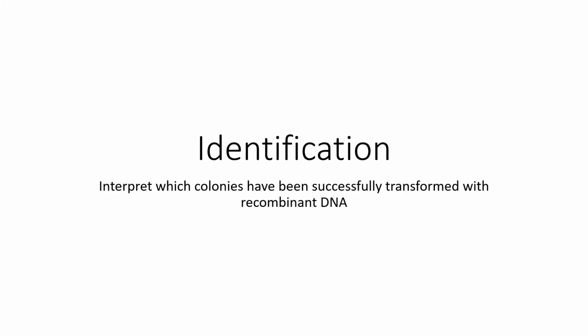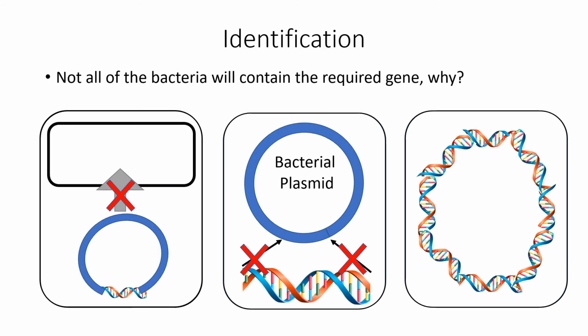Now that we've got the plasmid with the gene that we wanted inserted into the bacteria, we have to be able to identify, of all the bacteria we've got, which ones have actually got the vector and the gene that we've inserted. So we've got three types of bacteria inside our container. We will have bacteria which did not get the plasmid and did not get the gene.